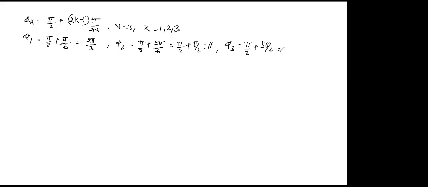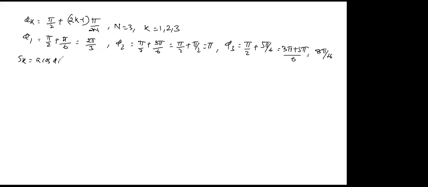Then we get 3 pi plus 5 pi by 6, that is 8 pi by 6. While doing the calculation, all of you please put the calculator in radian mode. That is very important, not in degree mode.